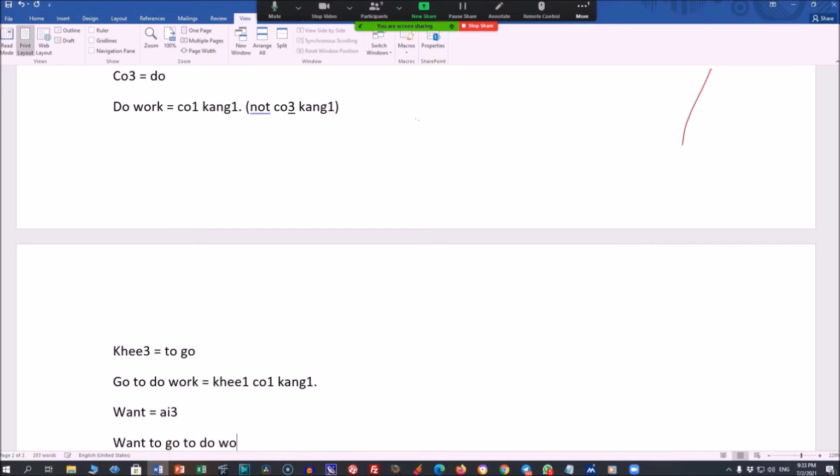Want to go to do work: ai ki zhou gang. So gang always remains the same. Ai becomes 1. Ki becomes 1, correct. So, ai ki zhou gang.